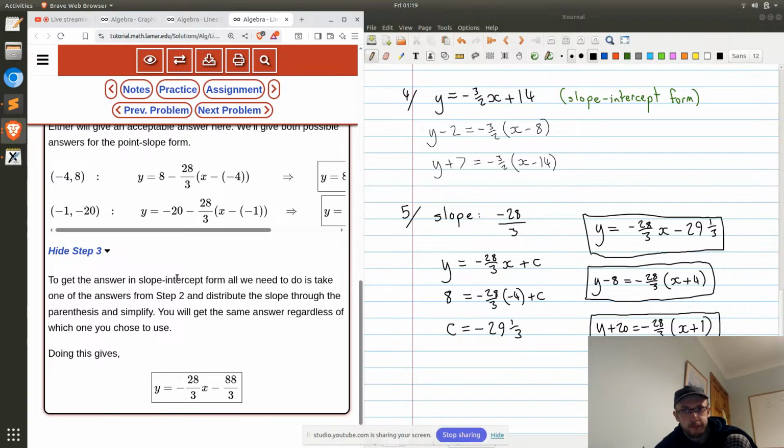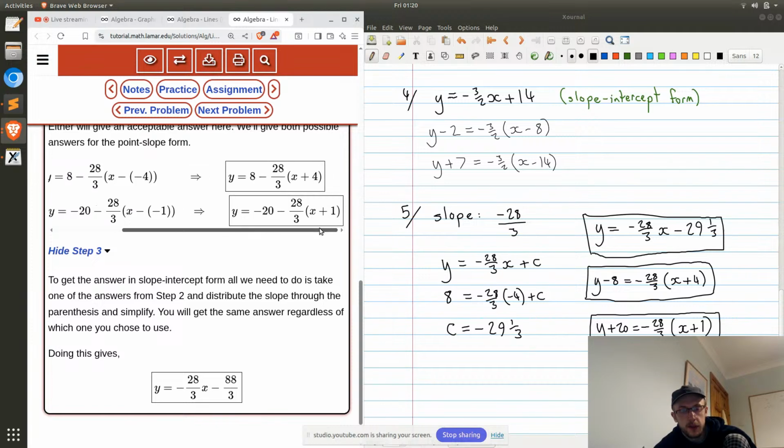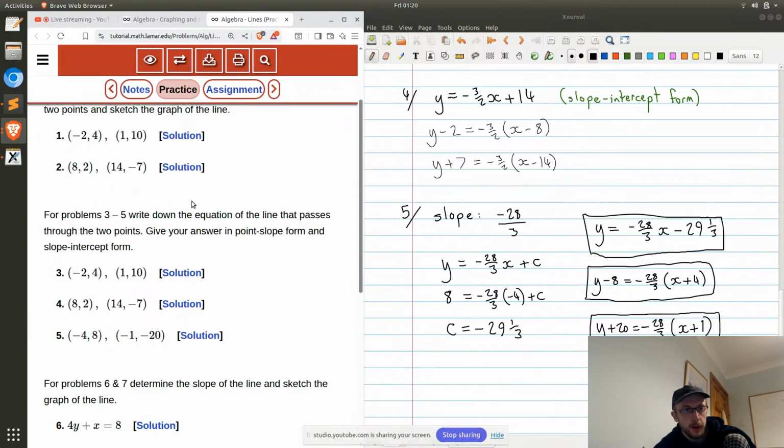So, minus 29 and a third. Okay, all right, we're in agreement. They just did it as that rational number instead. And that looks fine for the point-slope form as well. All right.